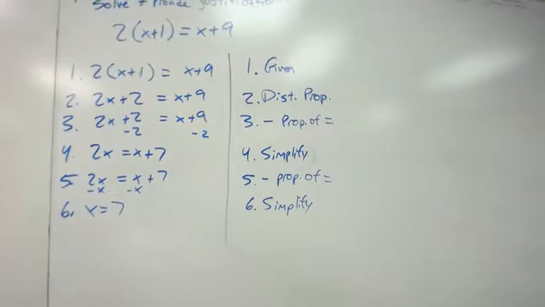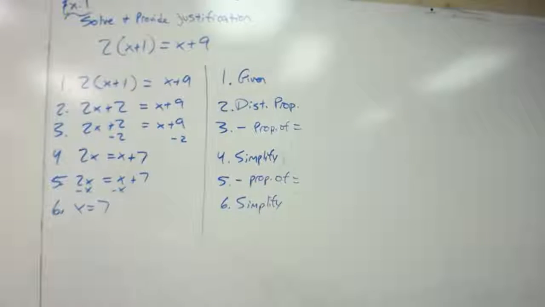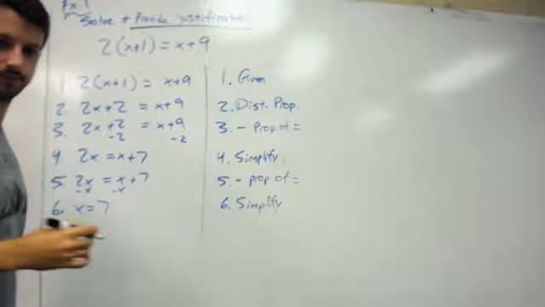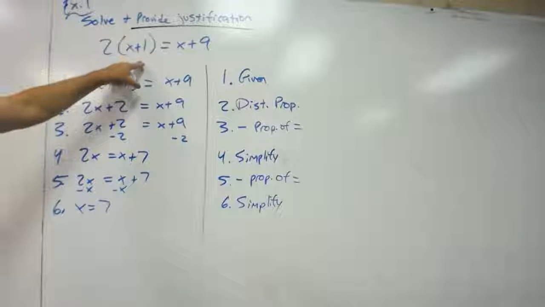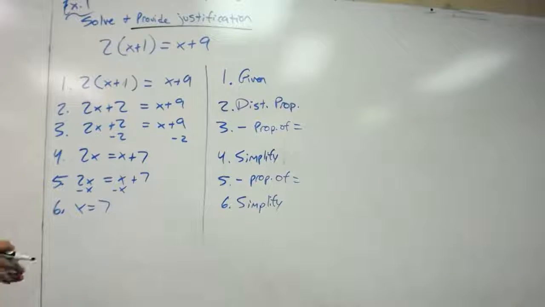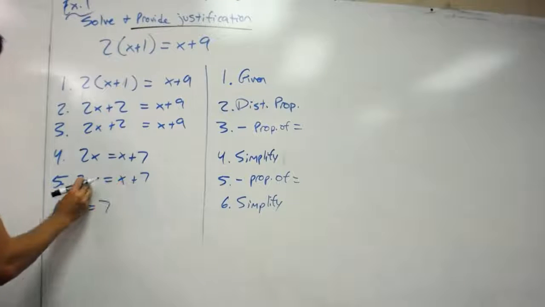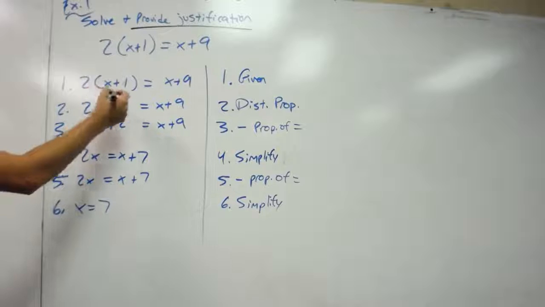Say we are given example 1, and it says solve this problem, but provide a justification for each step. Well, this is an easy problem to solve. I know that y'all can solve this, but here's how we go through the steps. We start with what we are given.